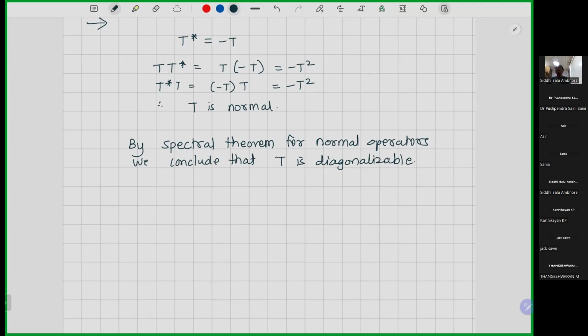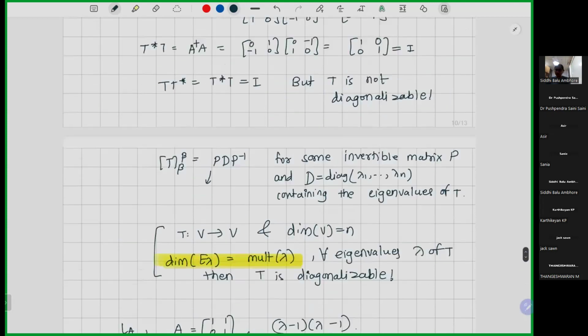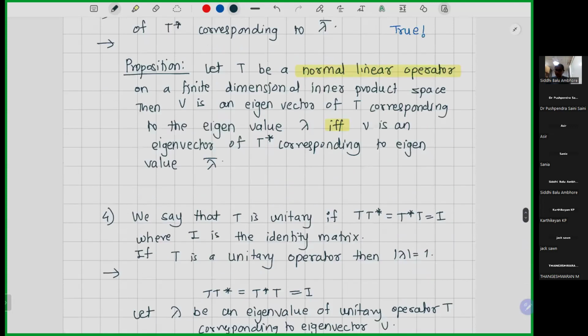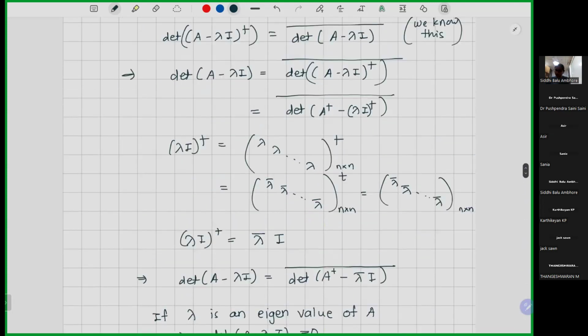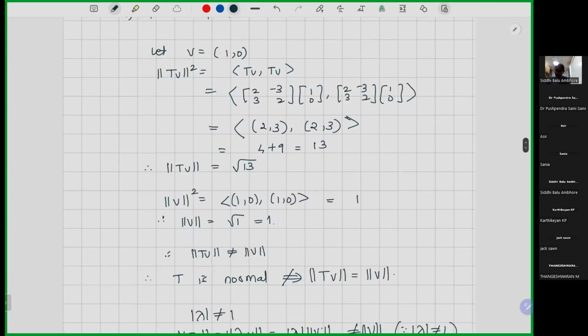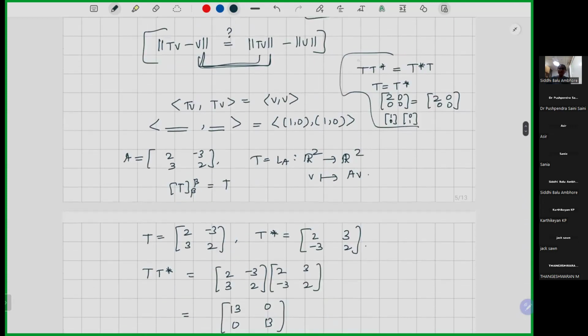Eigenvectors forming basis for V is also one of the conditions for T being diagonalizable. For example, just a second, let me show you this example which I wrote. This 1, 0 and 0, 1 is forming basis for our linear transformation, our matrix.